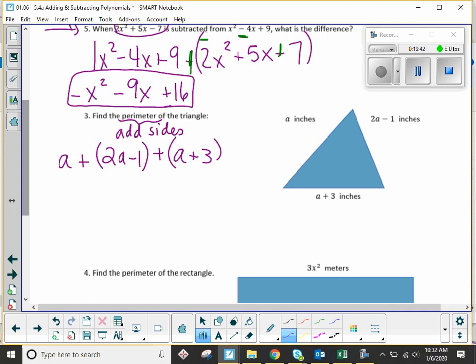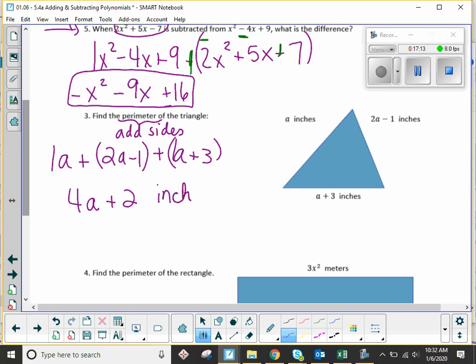All right, so what are the like terms here? What's something that combines? The A's, how many are there altogether? 4 A's. 1 here, plus 2, plus 1 more. What else combines? 2, right? So we have the negative 1 plus the 3, so that's a plus 2. And then what are my units? Inches.